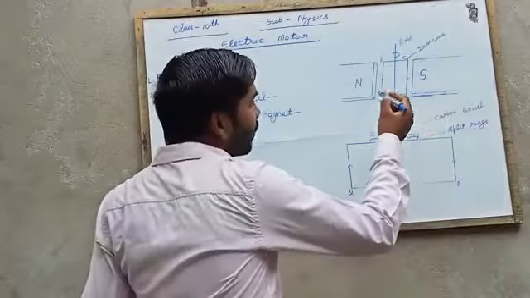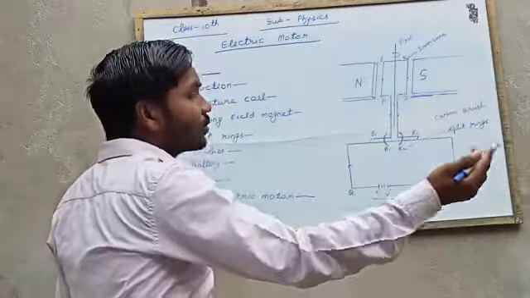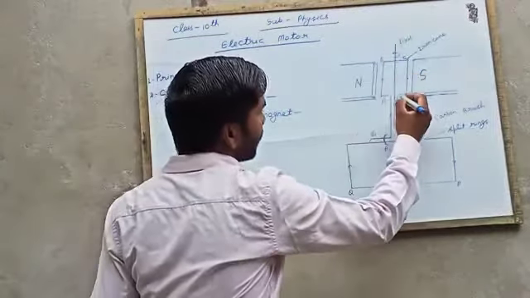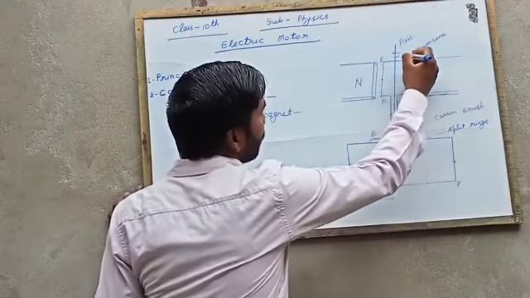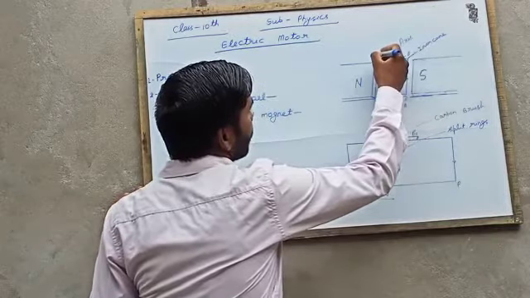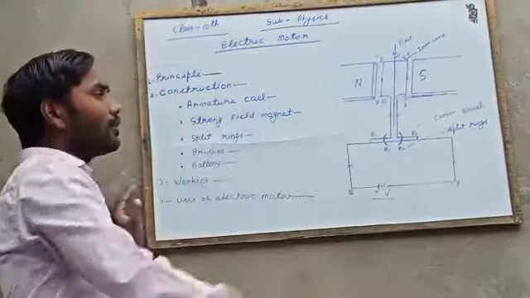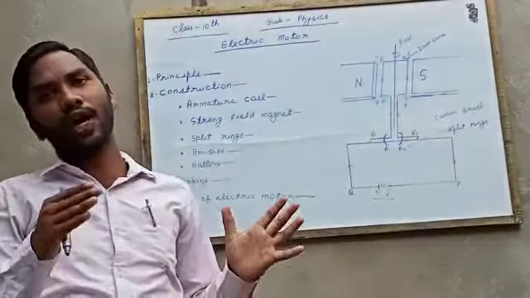After 180 degree rotation, the arms of the coil will be changed. So after 180 degrees, this A will come here, B will be here, C will be here, and D will be here. So after 180 degrees, the arms of the coil will change.